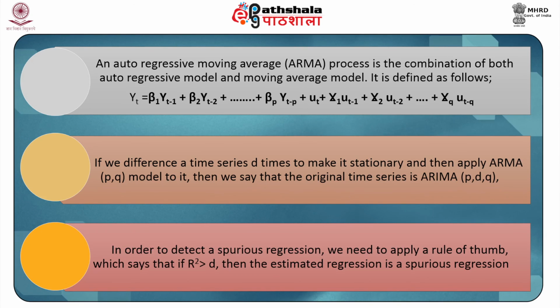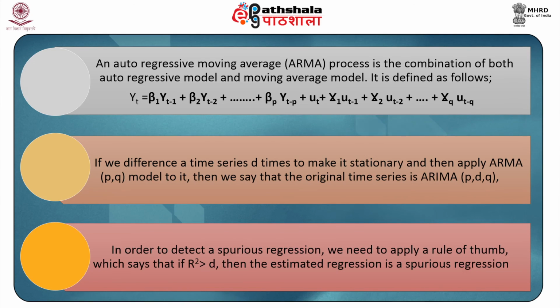Another important property we have learned, which could also be defined as the second property, is that if xt is integrated of order d, that is xt is Id, then zt, which is a linear function of xt written as a plus b xt, will also be integrated of the order d. So, zt will also be Id.